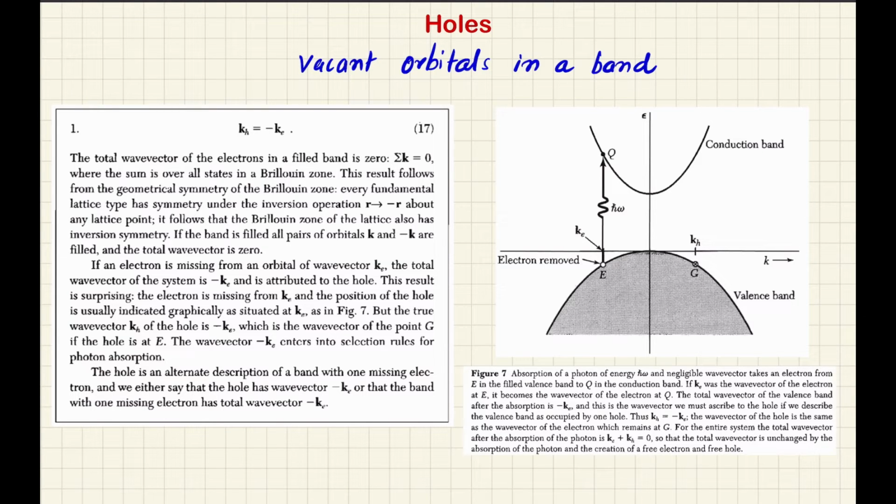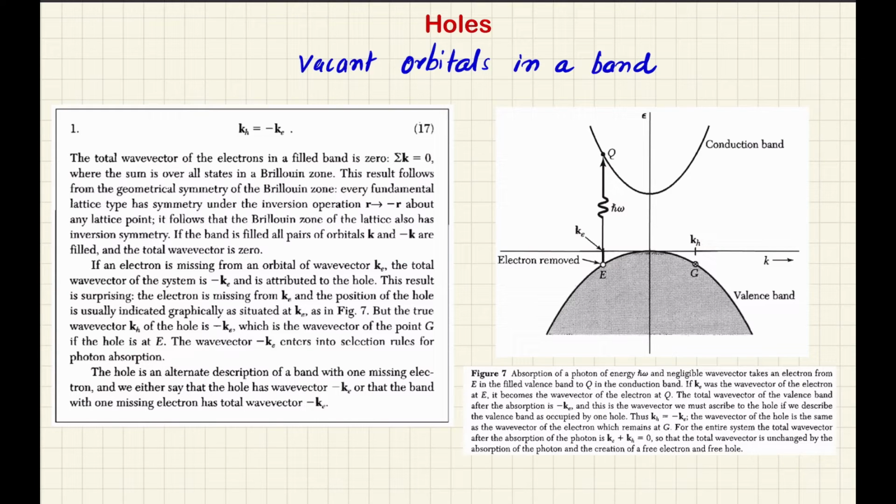Those missing or vacant orbitals are called holes. Okay. And these holes will have certain properties which are described here. You can see 5 properties listed in the Kittel book. Okay. So, I will describe them one by one.